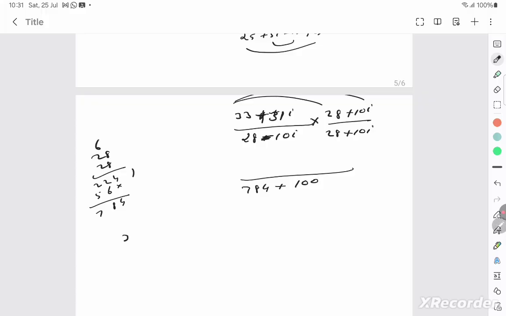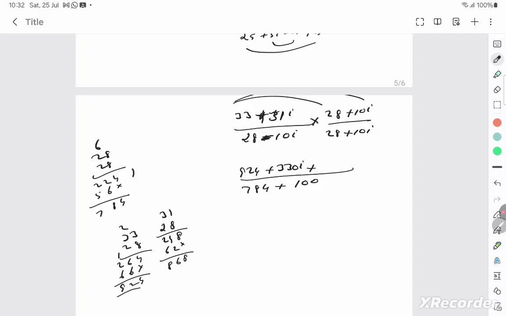And what is 33 into 28? 8 3s are 24, 8 3s are 24, 25, 26, 3 2s are 6, 4, 12, 8, 9, 24, plus 330i plus 28 and 31: 8 1s are 8, 8 3s are 24, 2 1s are 2, 3 2s are 6, so 868.